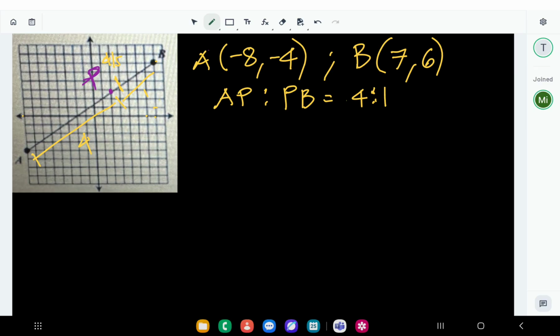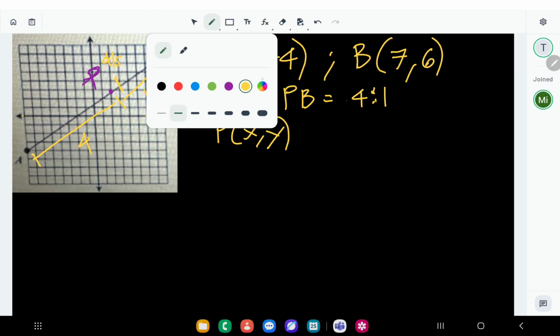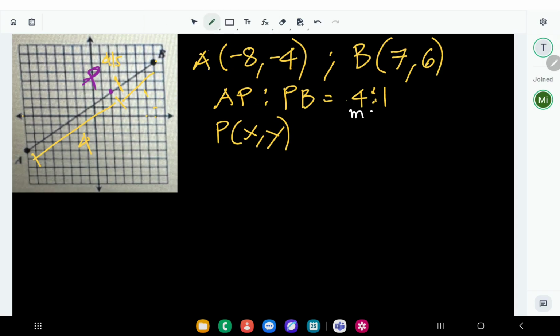So we can use the same formula. If point P with coordinates x, y divides this segment AB in this ratio, let's say M is to N, the same thing we did in the previous problem.